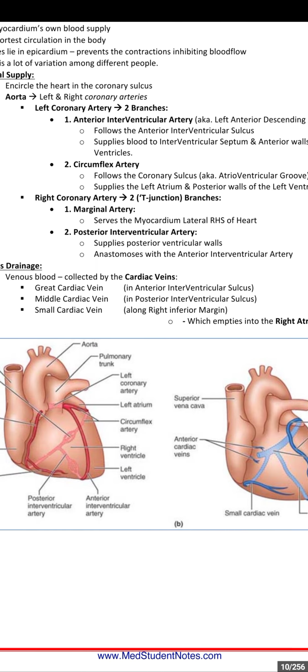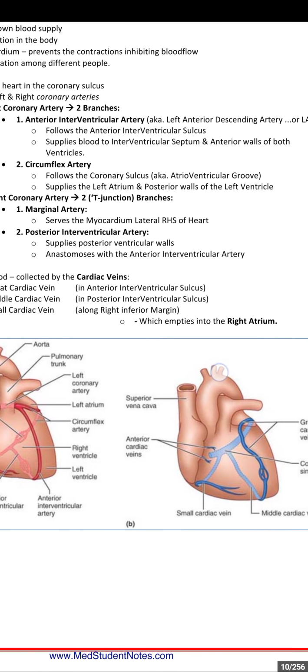Do you understand what the septum is? The ventricles contain a septum, known as the interventricular septum. The blood is supplied to the interventricular septum and the anterior walls of both ventricles by the anterior intraventricular artery.